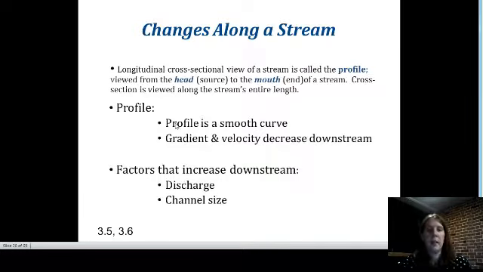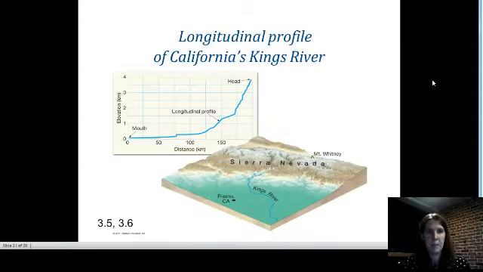A profile is a smooth curve that shows how gradient and velocity decrease downstream. Gradient and velocity decrease downstream, but discharge and channel size increase downstream.